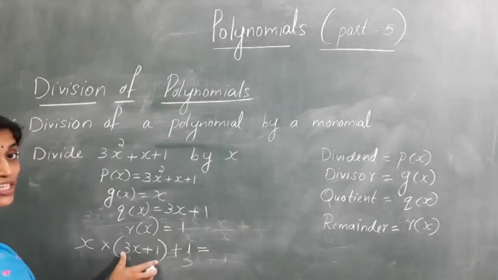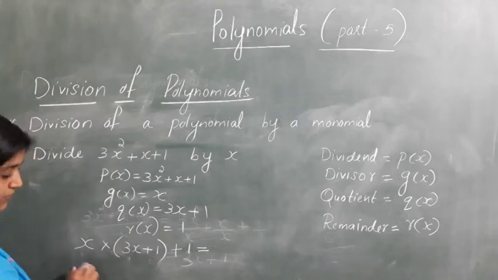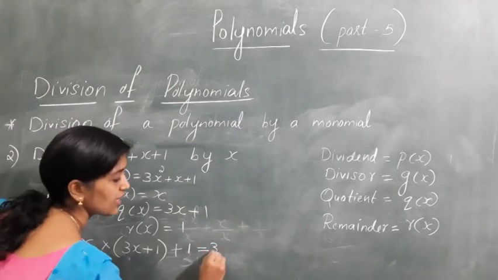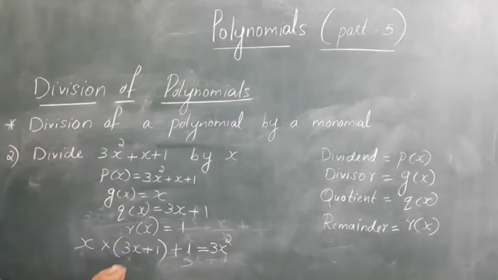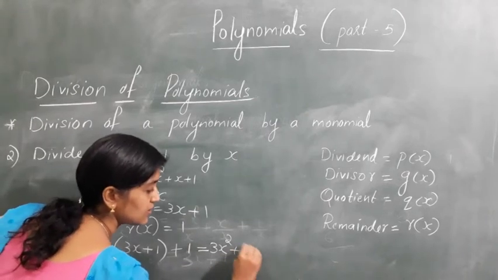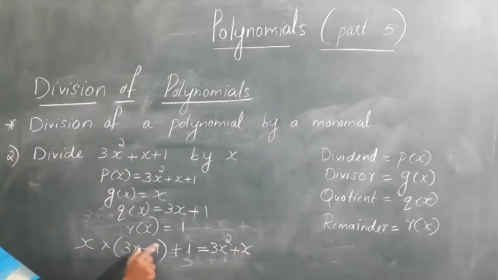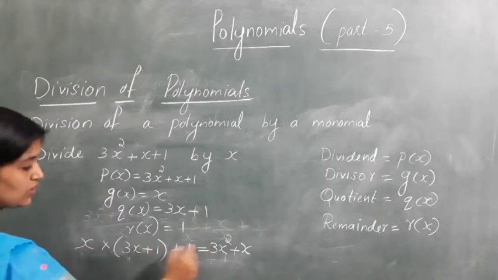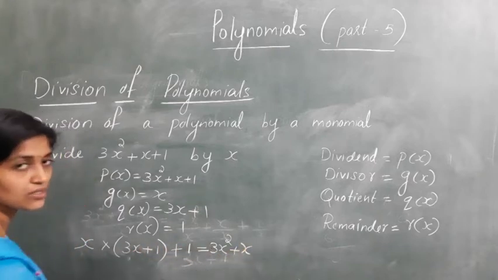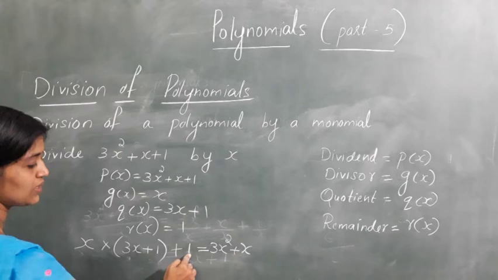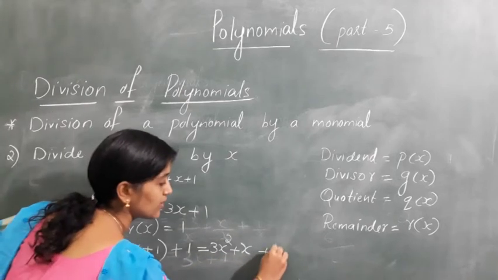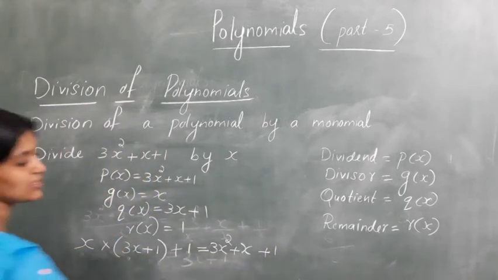See, it is a multiplication of a binomial by a monomial. We have to multiply all the terms there, isn't it? So 3x into x, we will get 3x square. Now x into 1, we will get x. So multiply, 3x square plus x. What is left here? 1 plus 1.